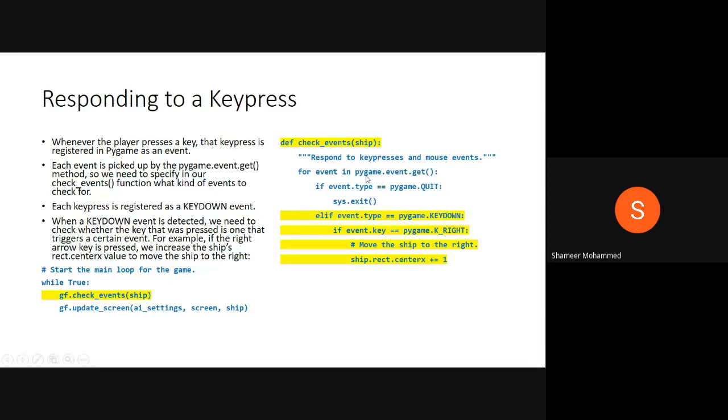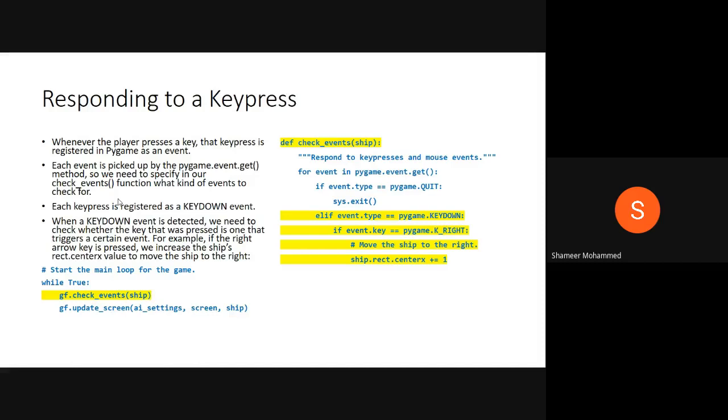Now, to respond to events, if I press the right arrow key on my keyboard or the left arrow key, the ship has to move. If I press the left arrow, the ship has to move left; if I press the right arrow, it has to move right. That is called responding to a key press.